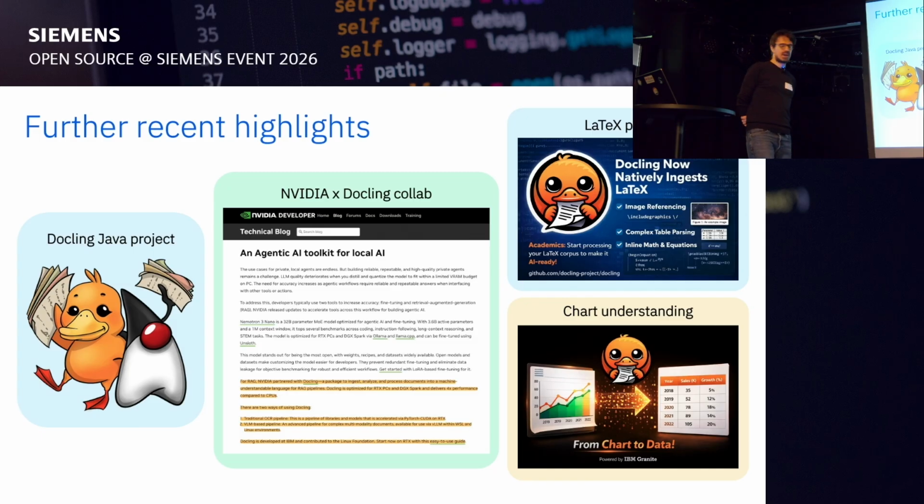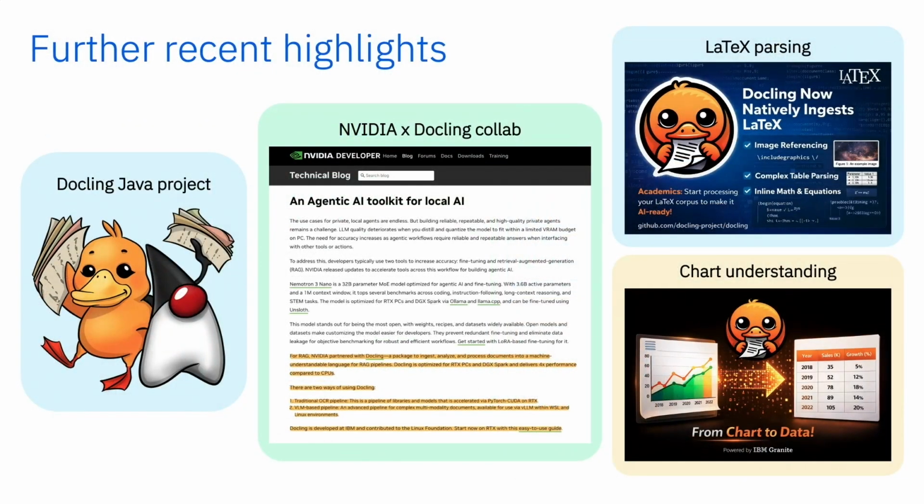So we were very happy to also help spin off this other initiative, the Docling Java project, which is using the Docling capabilities. As mentioned earlier, we have a very nice collaboration with NVIDIA as well. Here you see the announcement they made around part of the model work that we did together.